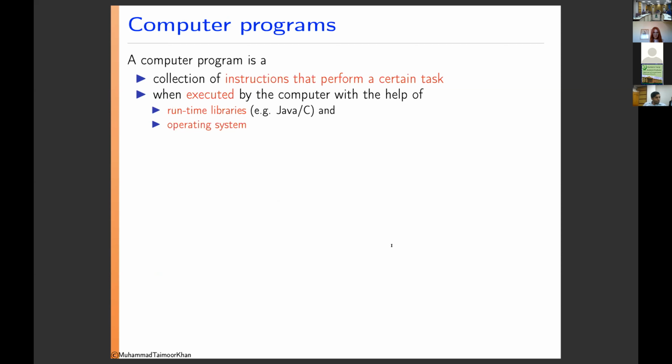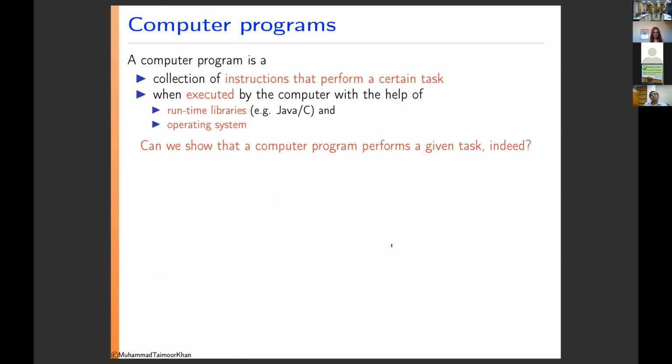We can ask it to do anything, and the computer usually does the job for us nowadays. But it does the job while executing, and for execution it requires runtime libraries, for example the underlying JVM or some C libraries on top of the operating system. So with this simple description of a program, can we somehow show that it performs the task which we have asked it to do?